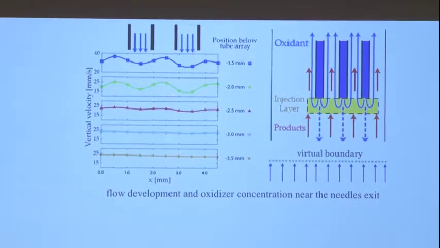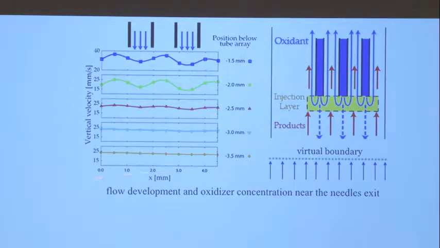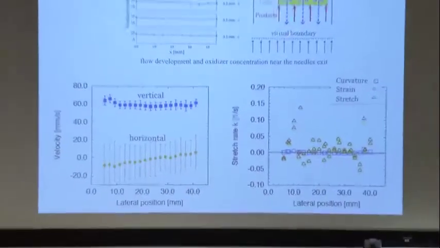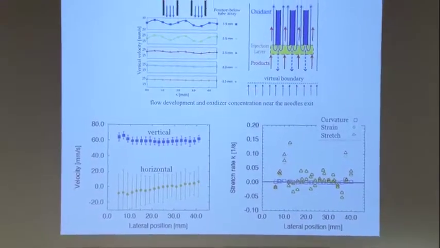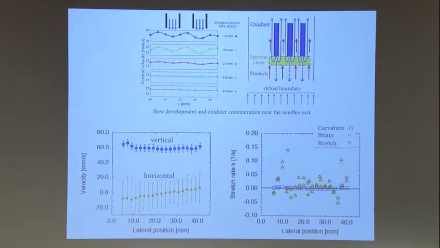And here is the measurement of the concentration. Of course, it varies when you are very close to the needle, and eventually it's almost flat. So there is a virtual boundary here that it's not exactly at the tip of the needles, but a little further away, which is the mathematical boundary where the oxidizer is supplied.